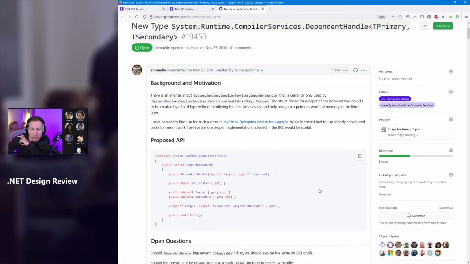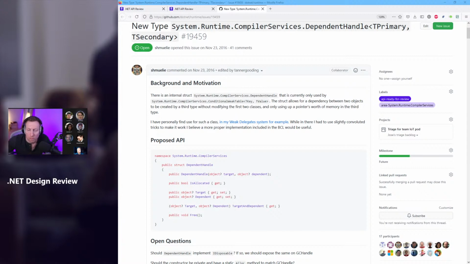Namely, there was push that we should have this be disposable, and therefore free should be dispose. There was a somewhat related question of should we just go ahead and do the same thing on GC handle as well. And then Stephen raised if we're going to have it be free, then should it be a static alloc method instead of a constructor?